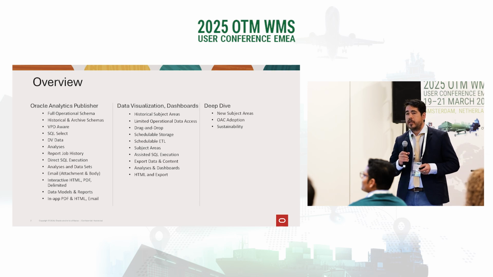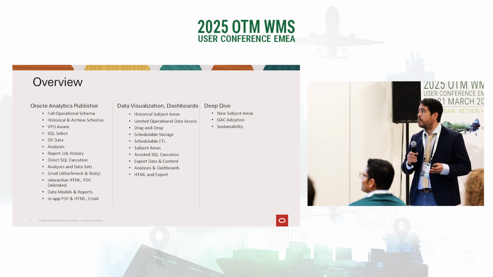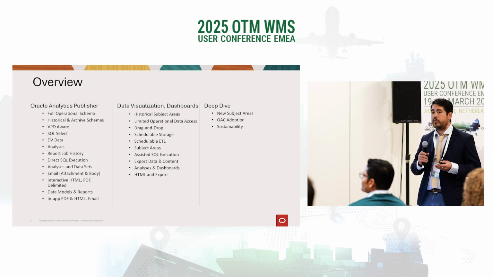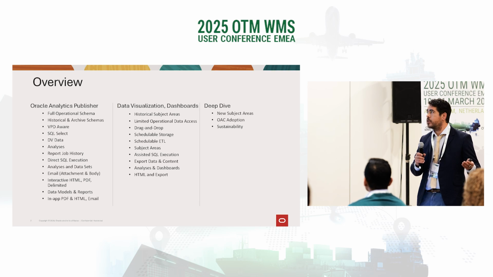I don't know if there are many who have been on OTM long enough that you're using the archive schema for some of your older data. But you can actually create reports that pull data and merge data from the archive schema and your OLTP schema.